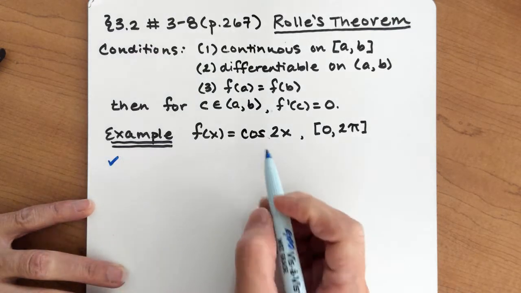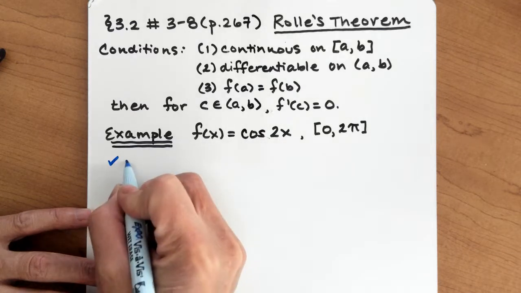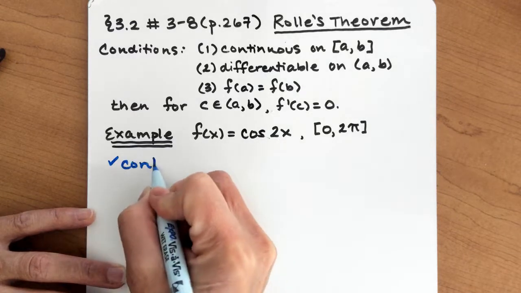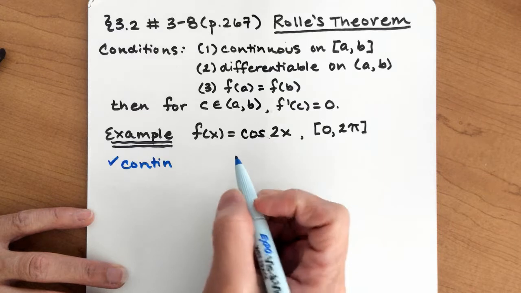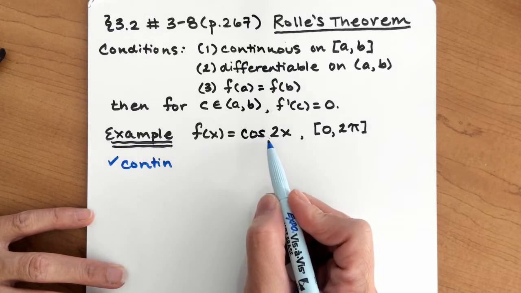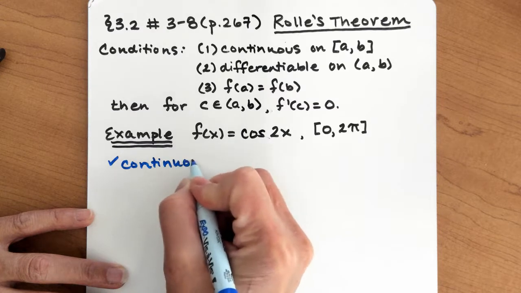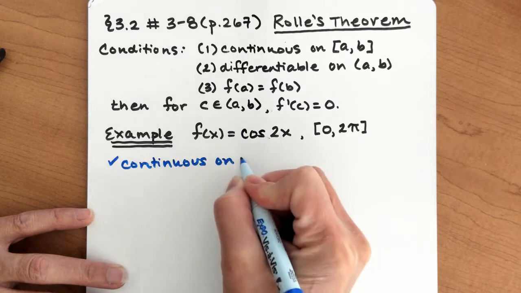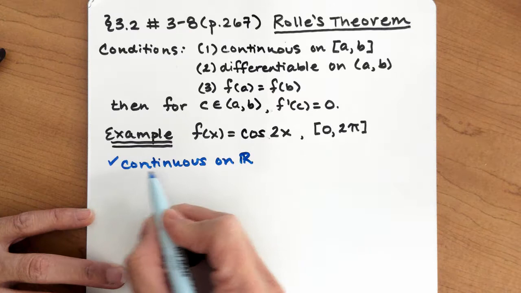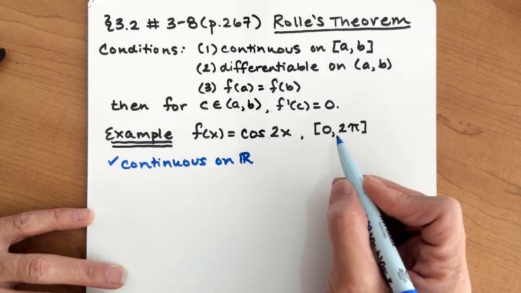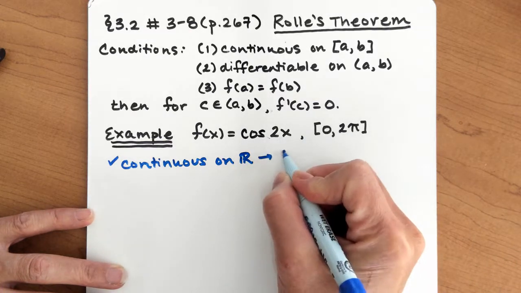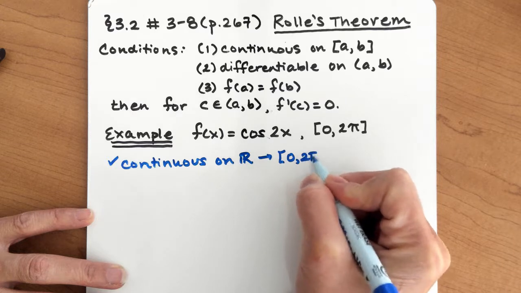Condition 1, is cosine continuous? Yes. Cosine is continuous for all real numbers. The domain of cosine 2x is all real numbers. So continuous on all real numbers, which definitely means it's continuous from 0 to 2 pi.